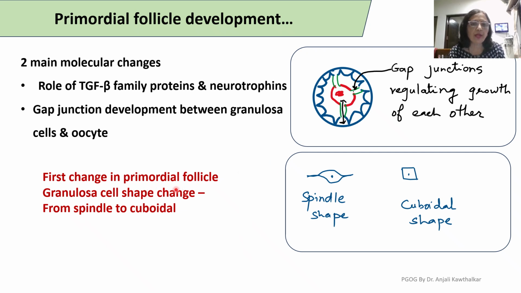The first change which occurs in primordial follicle development is a change in granulosa cell shape, from spindle cell to cuboidal. Spindle shape is circular with narrowing at both ends. It changes to the cuboidal shape of the granulosa cell. So initially there is not a direct proliferation of granulosa cells. First, there is a change in the shape of the cell from spindle to cuboidal.